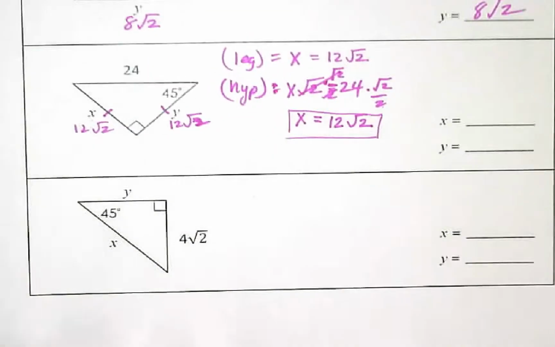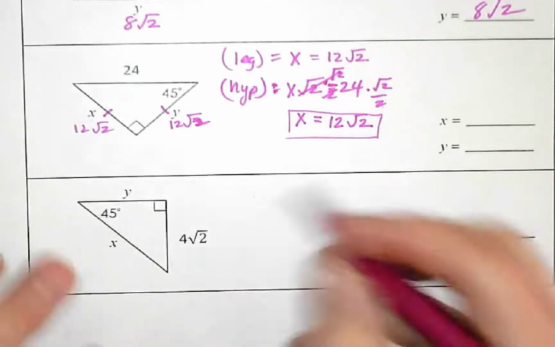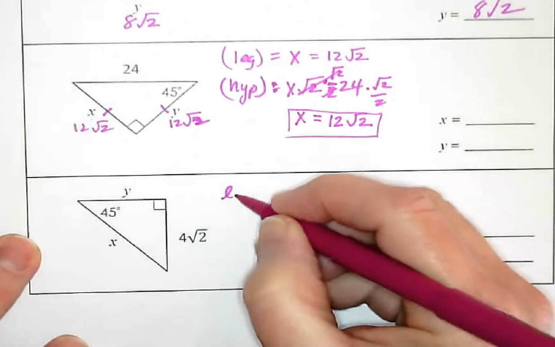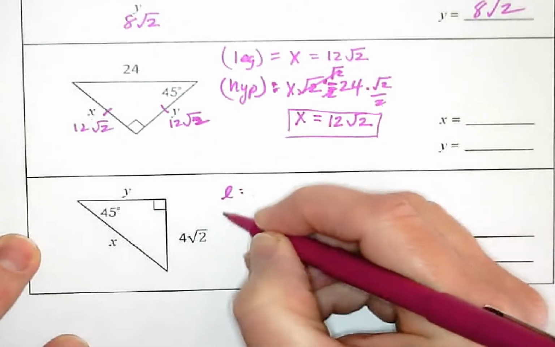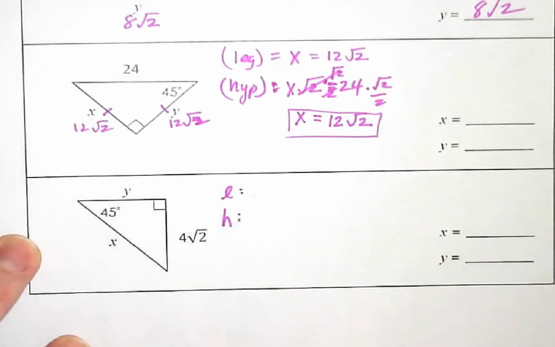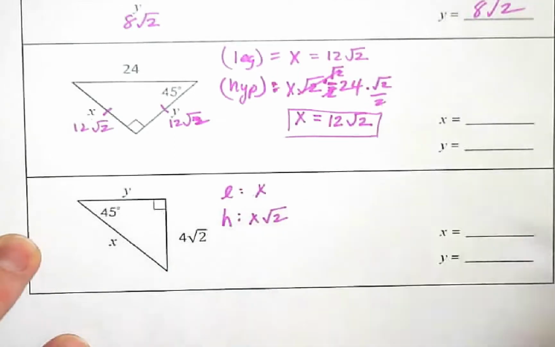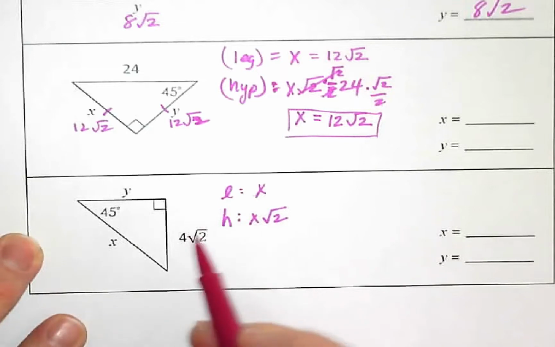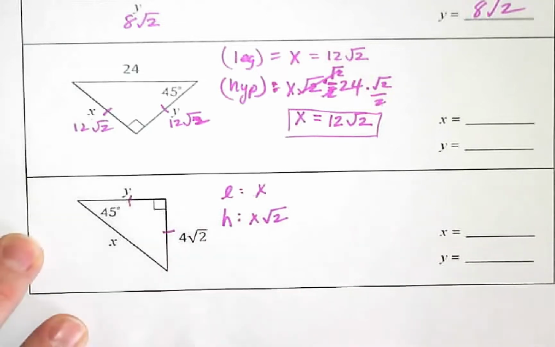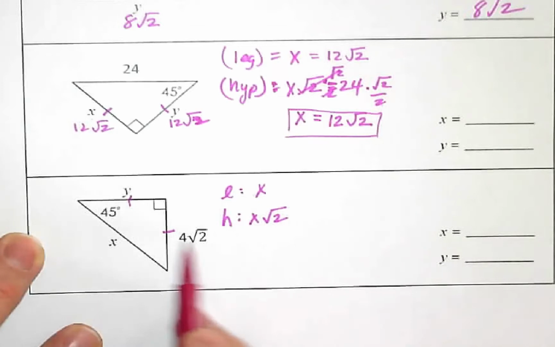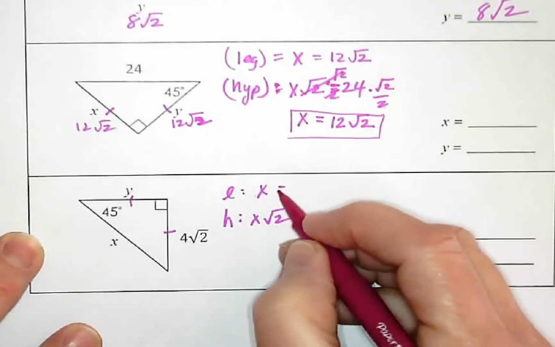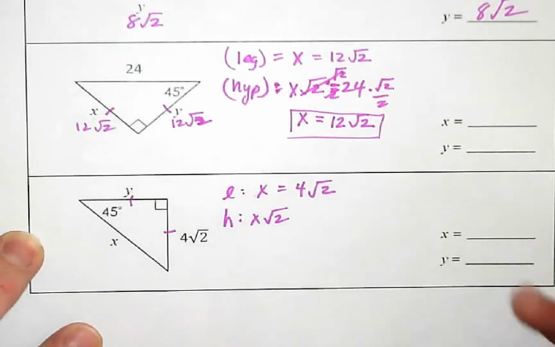On the last example, I'm going to go through the same process, maybe abbreviating just a little bit. Leg is always x. Hypotenuse is always that times square root of 2. When I look at my picture, I can see that these are my two legs and this is my hypotenuse. So the leg, x, is 4 square root of 2.